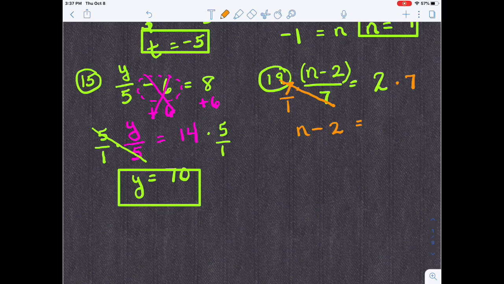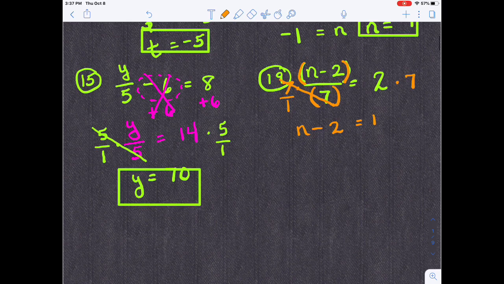And fractions really make parentheses. What's on the top is in parentheses, and what's on the bottom is in parentheses. So you can really think about that n minus 2 like that, and actually everything on the bottom is separately in parentheses. Okay, n minus 2 equals 14, and then I'm ready to deal with this -2. Plus 2 will cancel out that, and I'll have n, so I've got to do plus 2 over here, and so n equals 16.